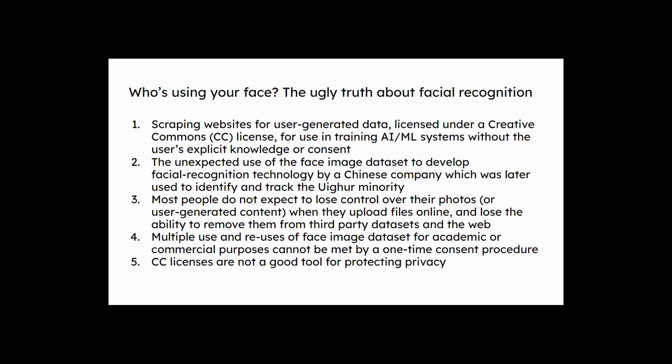And once you put it under a CC license, that of course determines how the content can be used. It's really interesting to see how, unfortunately, the face image data was used here. And so you go to the second point.